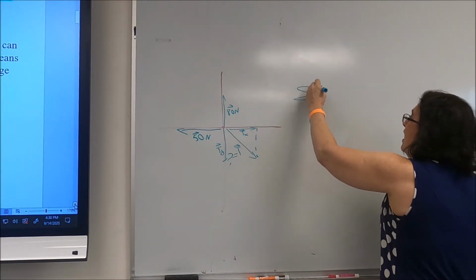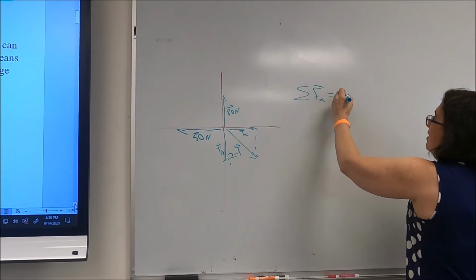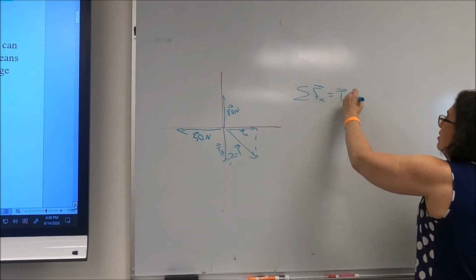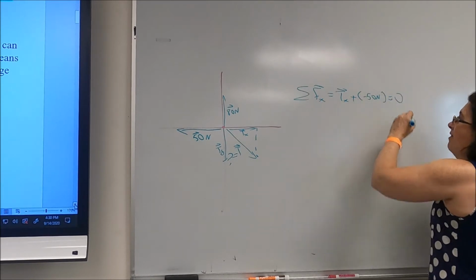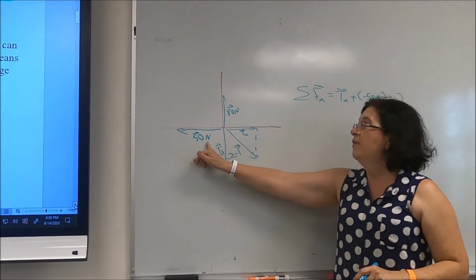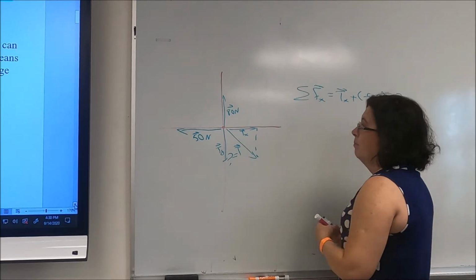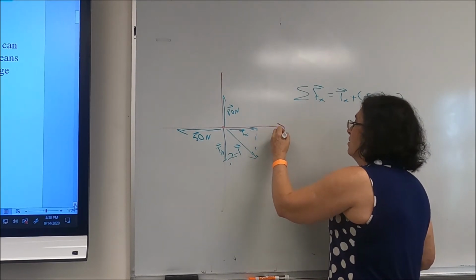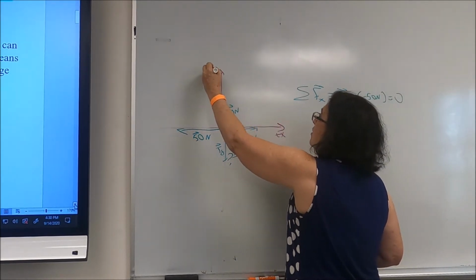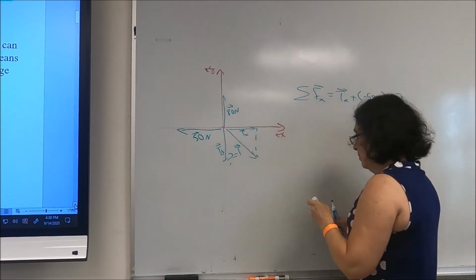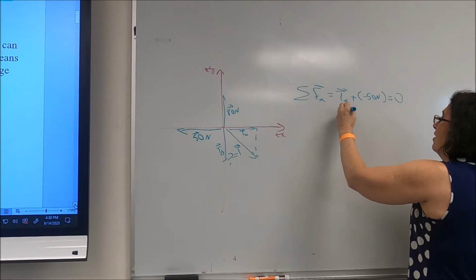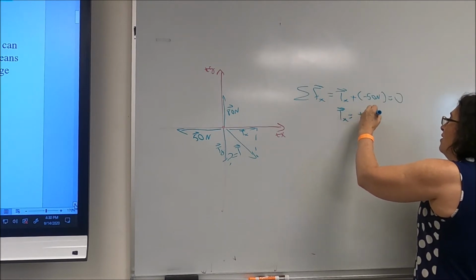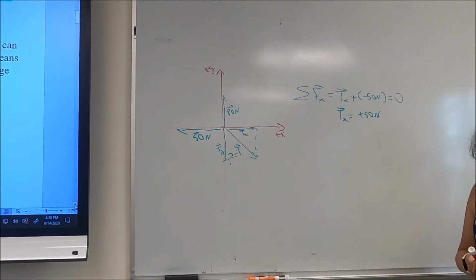The sum of forces in the x direction has to equal TX plus a minus 50 Newton force, and that has to sum up to be 0. 50 is pointing in the minus x direction, so that means that TX has to be plus 50 newtons.